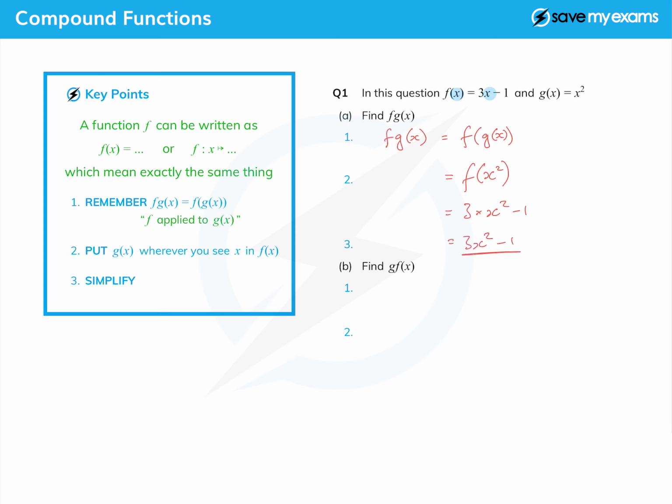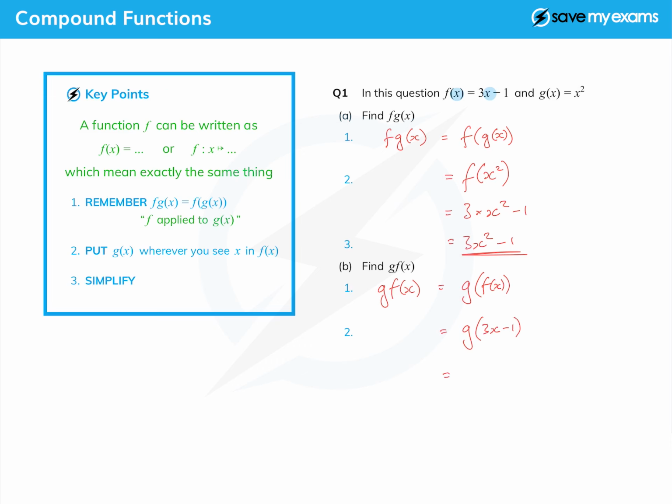Okay, now you'll often be asked to find the thing the other way round. So this is gf of x. And we just do the same thing, but with the letters the other way around. So again, the basic piece of knowledge is that gf of x means g applied to f of x. And so we just put f of x inside the bracket here. f of x is 3x minus 1.